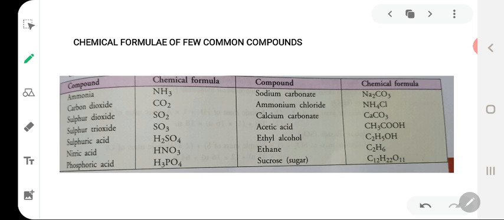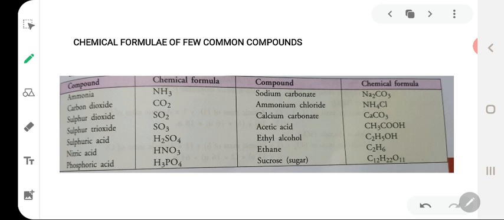In this manner, using the method of writing down the chemical formula, we can understand how, making use of the concept of valency, we can very easily write down the expressions for so many different compounds.